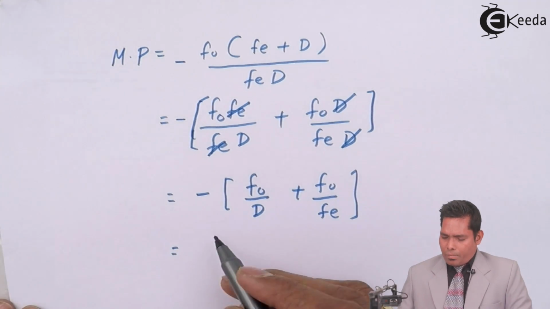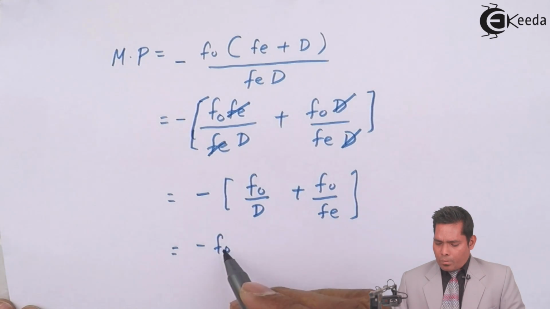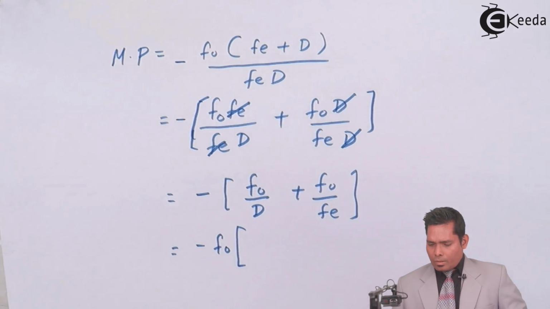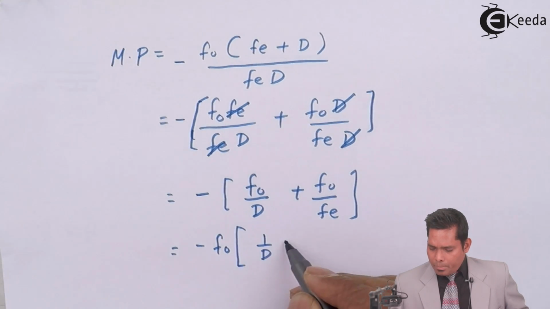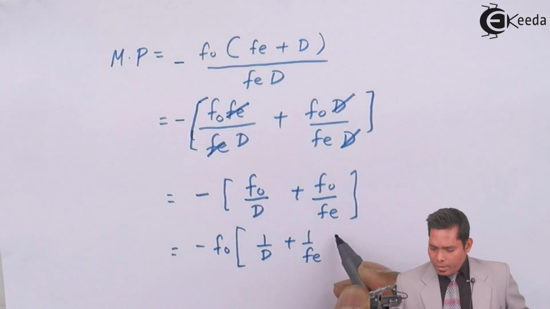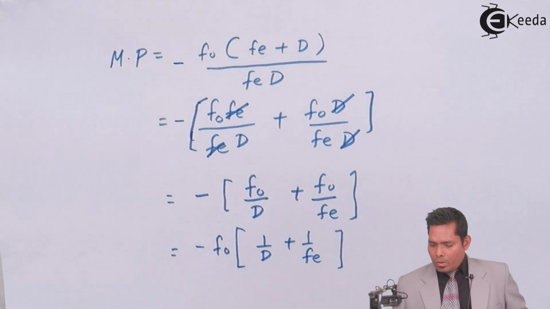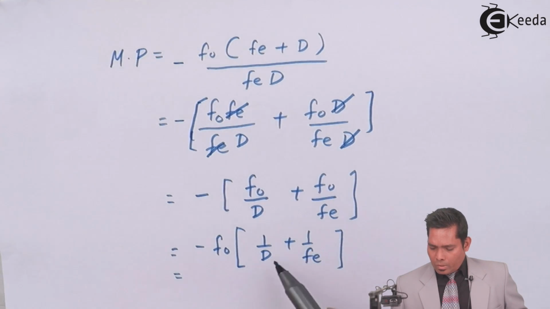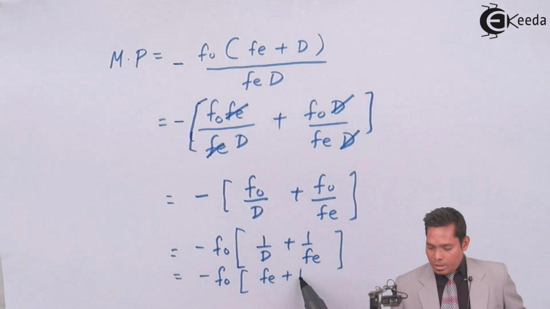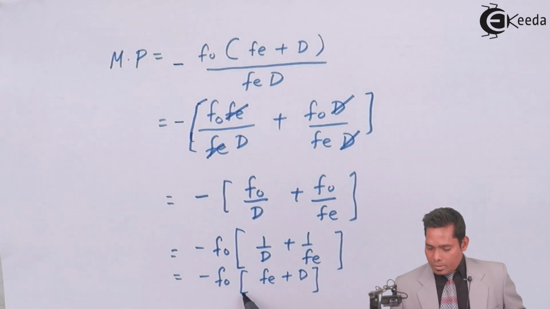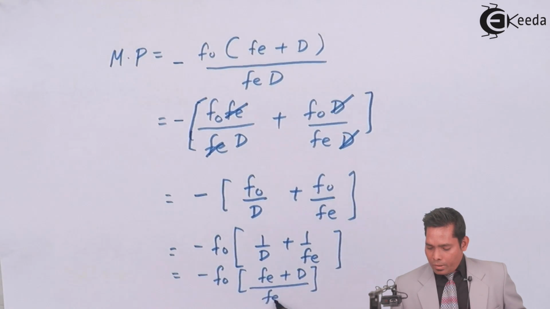From here, if I take minus FO common, then I will get 1 by D plus 1 by FE. Or I will take the LCM, minus FO, then FE plus D divided by FE into D.